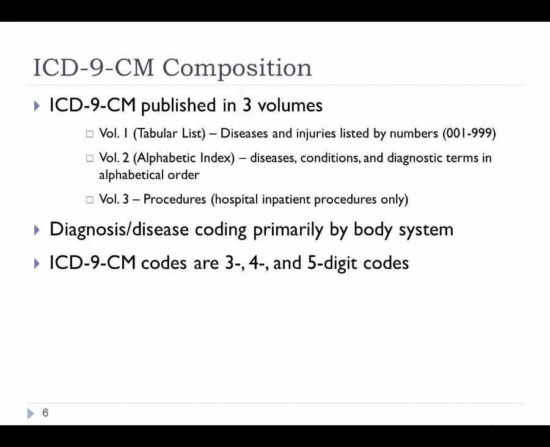The ICD-9 CM Manual is comprised of Volume 1, a list of diseases and injuries, and Volume 2, an alphabetic index of the diseases, conditions, and diagnostic terms. The manual also includes V codes and E codes. The use of these alphanumeric codes will depend on your work setting.